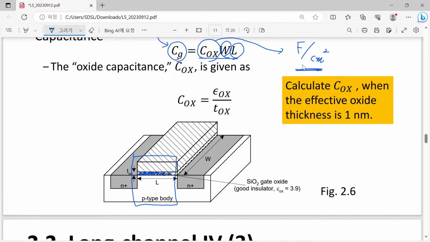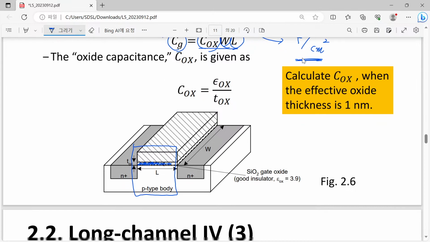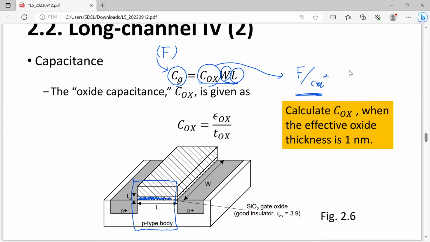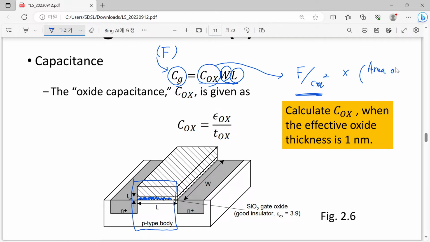So the area capacitance can be calculated, and by applying the area of the channel region, we can calculate this one. The square centimeters cancel out, and eventually we get farad.